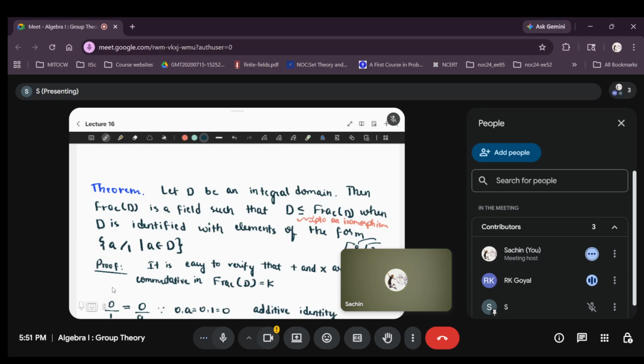No, this is a 1 by 1 matrix, right? Let's say this was integers, right? Is this the same as the set of integers? The set of all 1 by 1 matrices. But what is the difference?